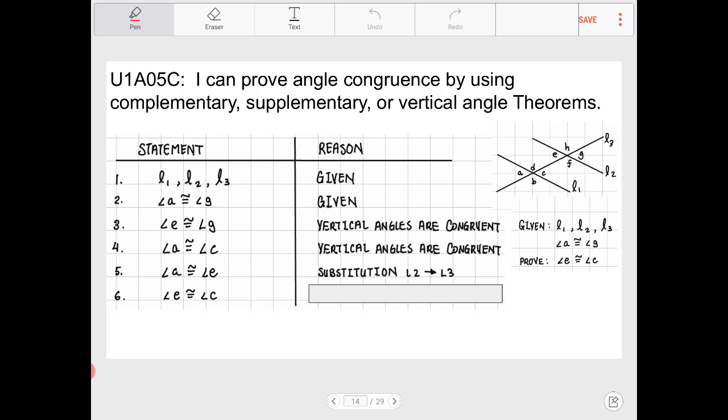My apologies for that. What I meant to say was, since A is congruent to E and A is congruent to C, I can replace A with E, like so. There you go, that makes more sense. And then because of that, I can say E is congruent to C in step 6. And why is that? Because I'm substituting lines 4 and 5 together.